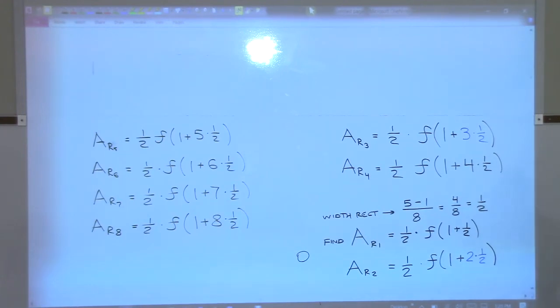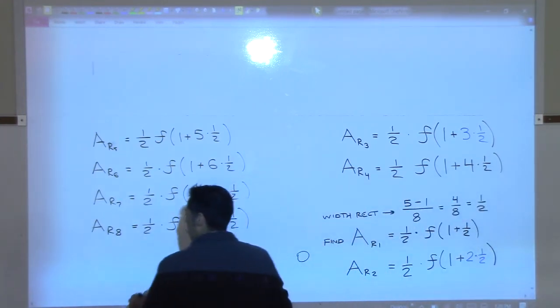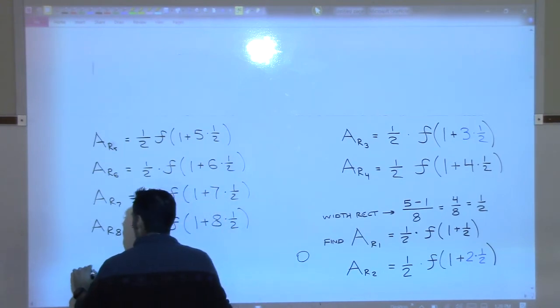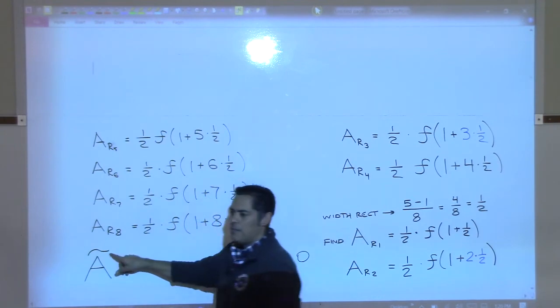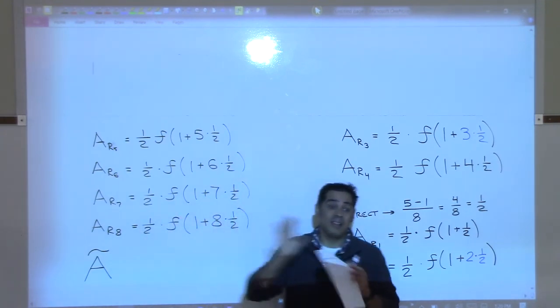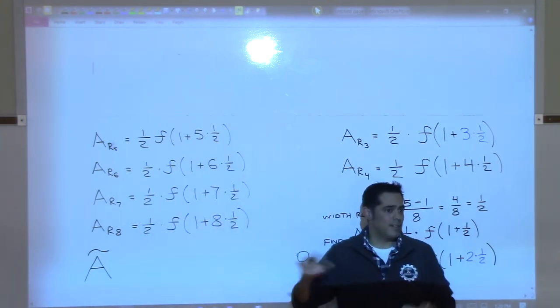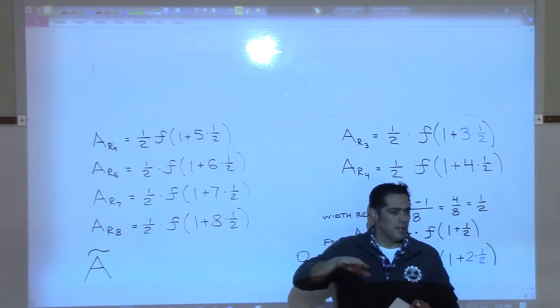Well, would you agree with this? The approximate area. Okay, so I'm just going to say A. Let's put a tilde over it. I'm just going to use a tilde just to say this is not the true area under that curve. It's the approximate area, okay?